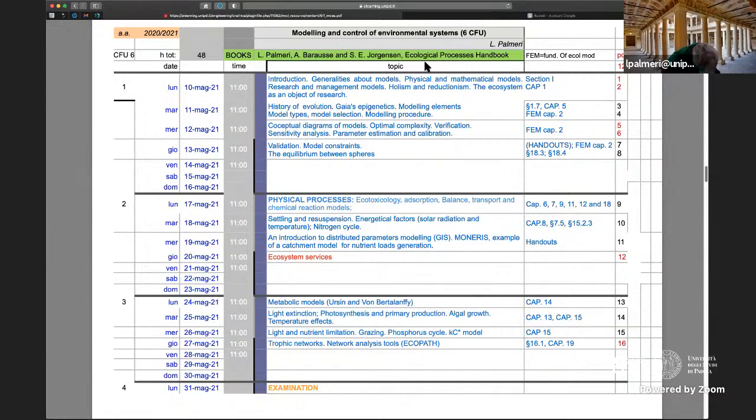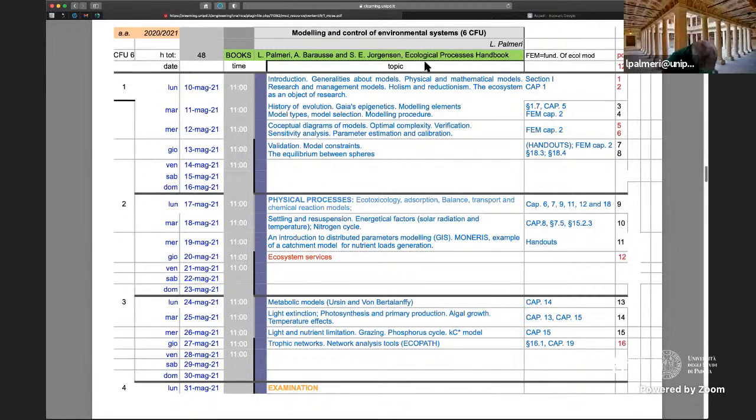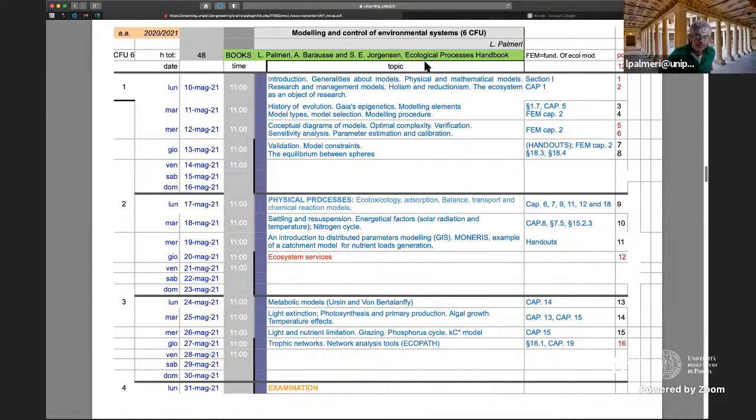Then we switch to next week, in which we will introduce the processes. On Monday of next week, we will deal with physical processes. This has to do with ecotoxicology, absorption, transport, and chemical reactions. We'll deal with settling and suspension on Tuesday. We'll introduce energetic factors. And then we'll give an introduction to distributed parameter modeling, which I was talking about before.